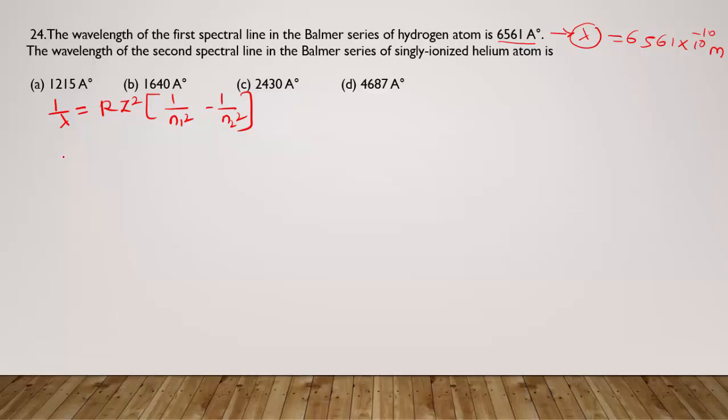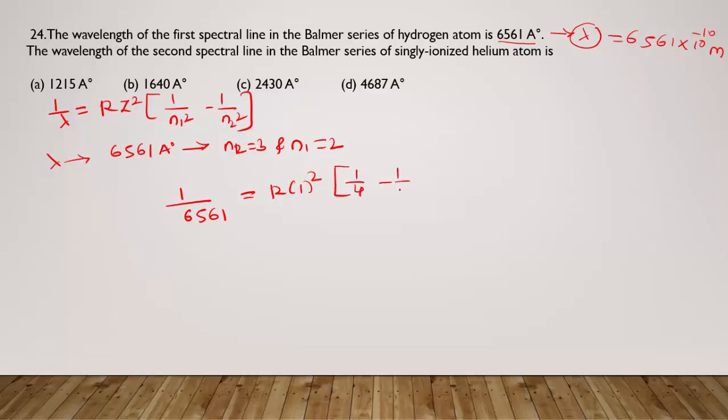In this case, n2 is equal to 3 and n1 equal to 2, because this is the Balmer series. So 1 divided by 6561 is equal to R into 1 square for hydrogen atom, and 1 by 4 minus 1 by 9, you get 5R divided by 36.